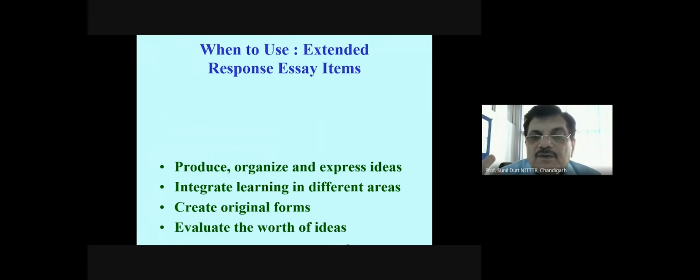So the questions could be like define, identify, recognize, choose. Describe what happens when. Or how would you outline, list the components in a sequence, like this. So this is the lower level of knowledge.